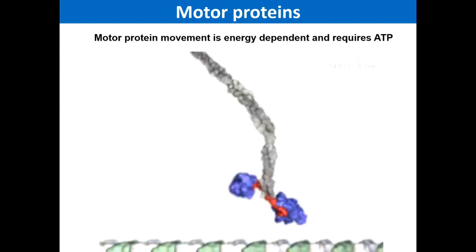So here is an example of how motor proteins can move, but I will not show it in the video because it will stall it and freeze it and make my computer explode. So I will just upload it with the presentation on Blackboard, and you can see it separately.